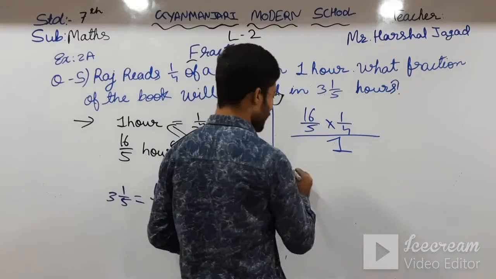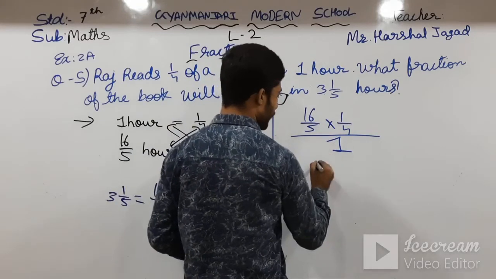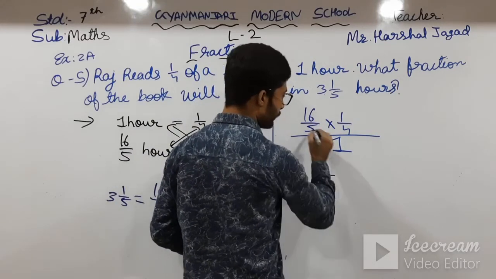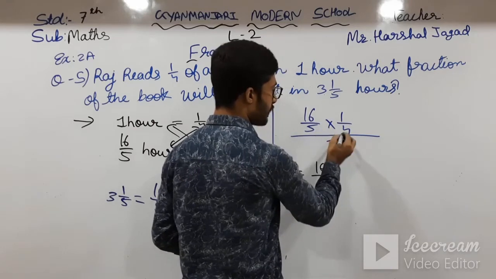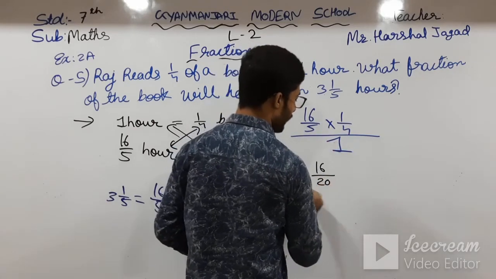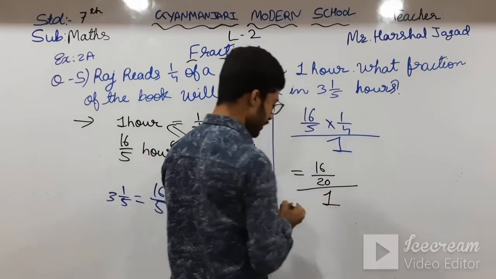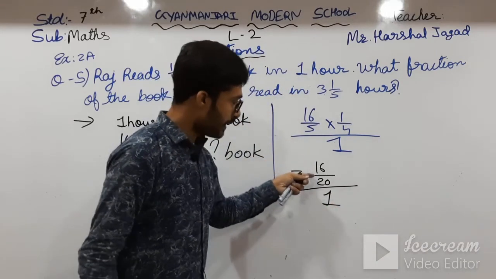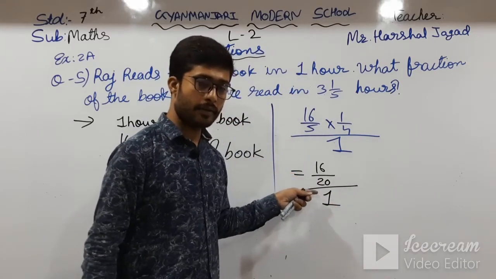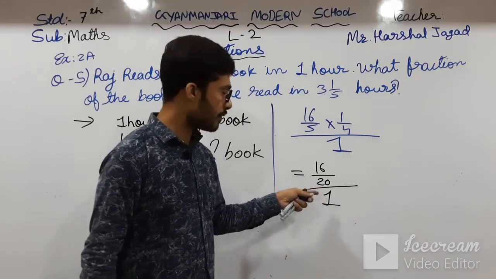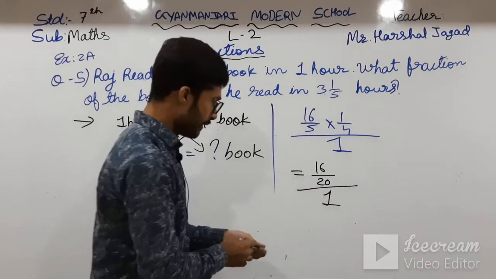So what will be the answer? 16 into 5 fours are 20 divided by 1. So the numerator of the denominator comes in the denominator.